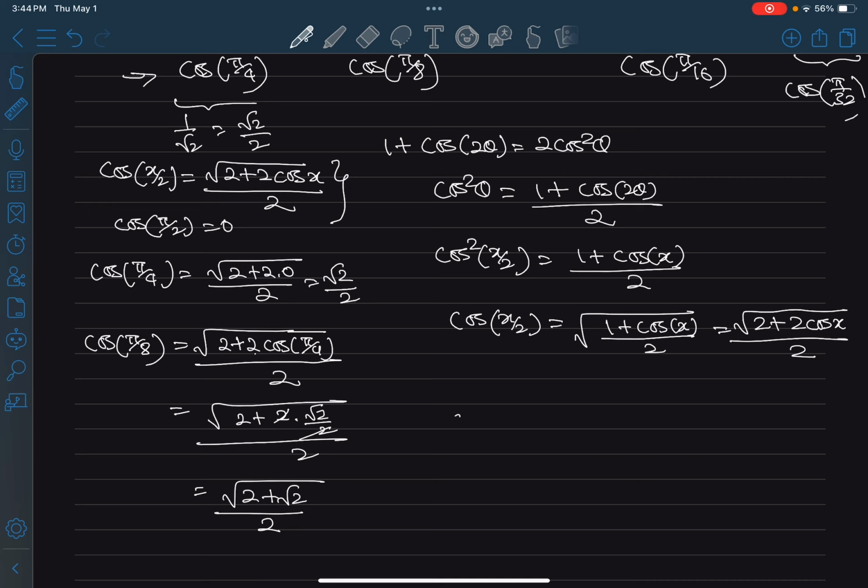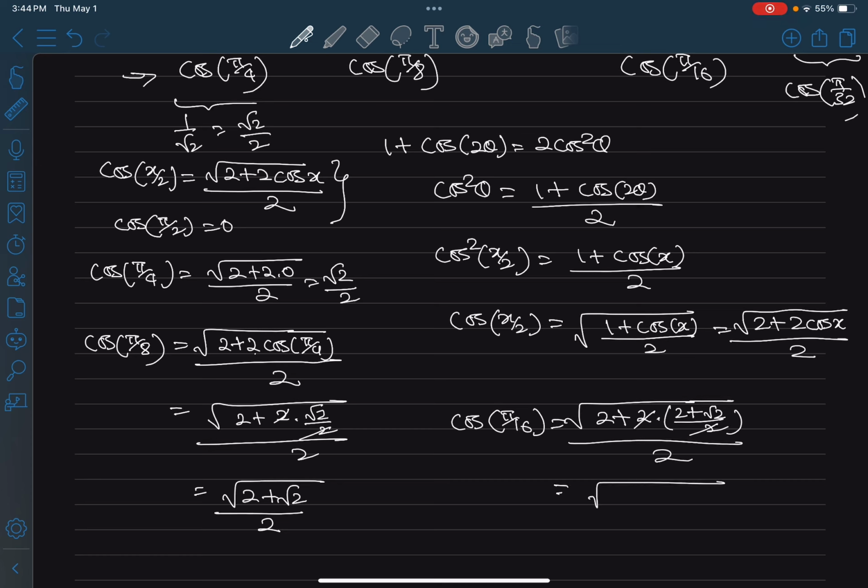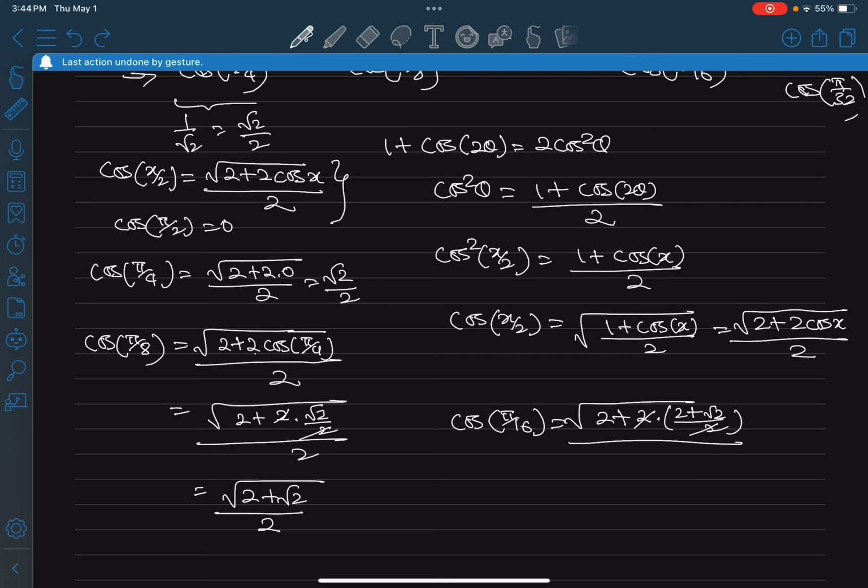Now if you want to find cos of pi over 16, again you can go similarly. This will just be 2 plus 2 times cos pi by 8, which is again 2 plus root 2 by 2, right? And again these two cancel out, divided by 2. So wait, I missed a square root over here. There's a slight problem. I did something wrong.